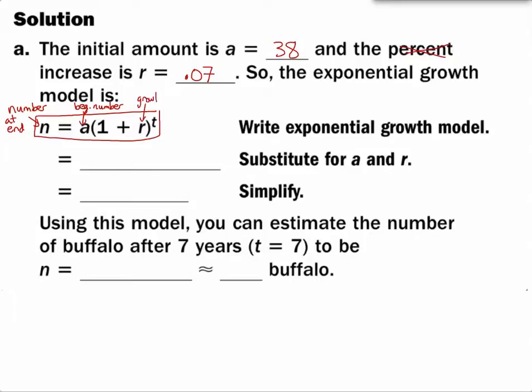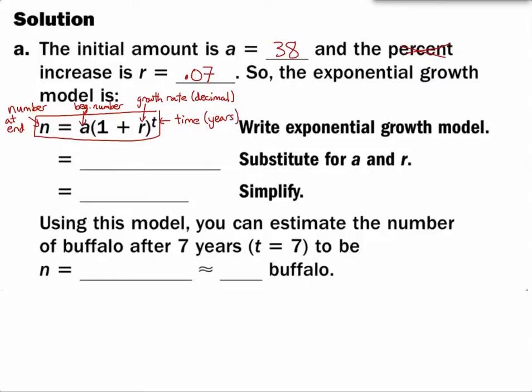This only works if things grow the same percentage every year, but it has to be written as a decimal, not as the percent itself. So it has to be written as a decimal. And t is the time. Pretty much means years.